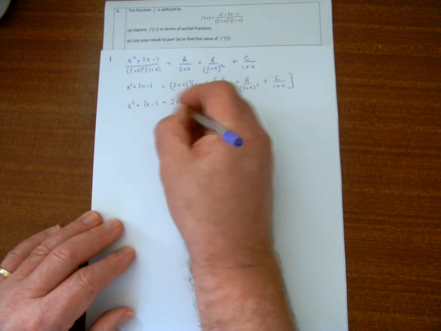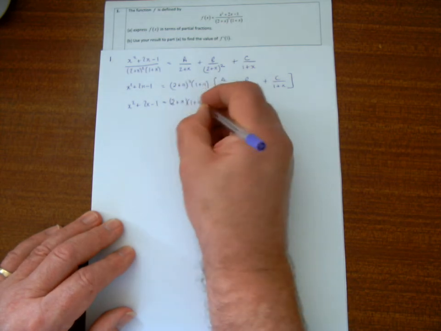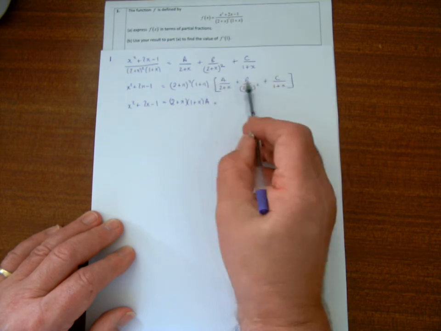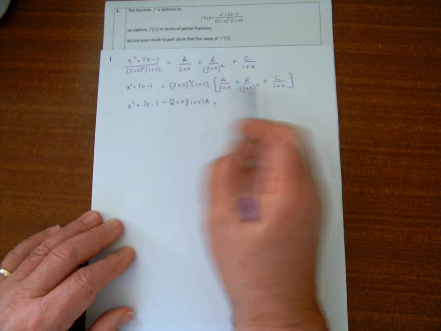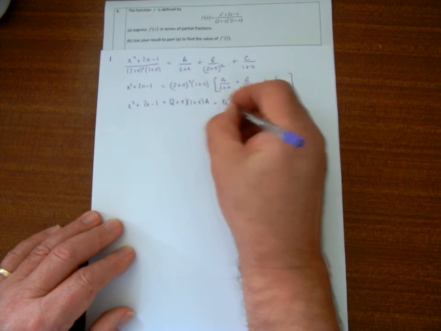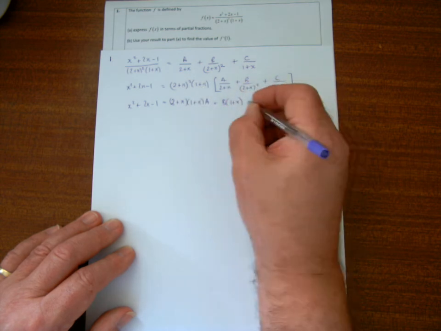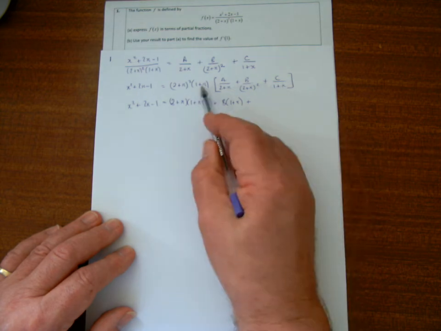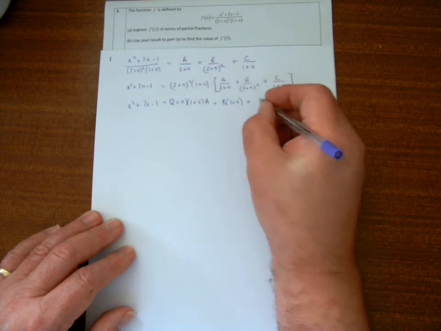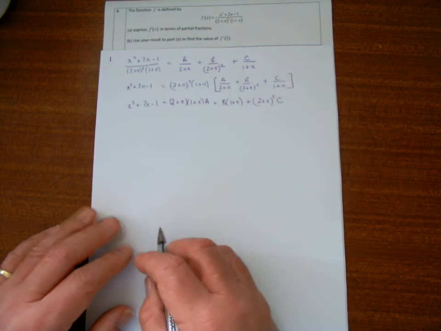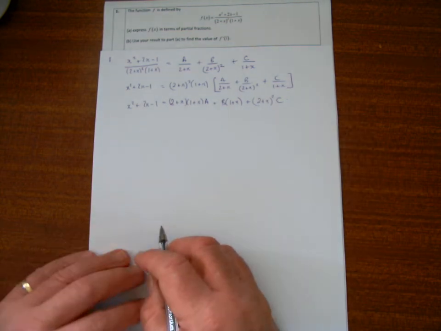It's (2 plus x)(1 plus x) a, plus, and when I multiply this term by that, the (2 plus x) all squared cancels off, leaving me just with that single bracket 1 plus x. Plus, and then when I multiply this by this term, the 1 plus x cancels off, and I'm left with the square of that bracket there. Okay, so that's the identity I'm working with.